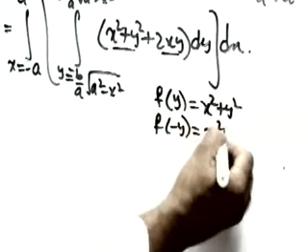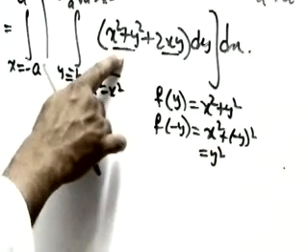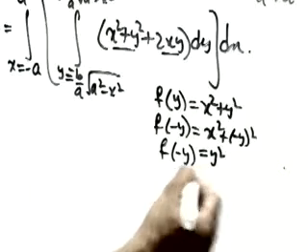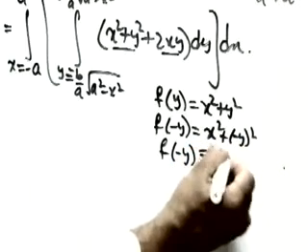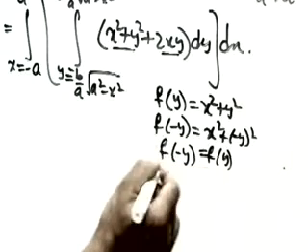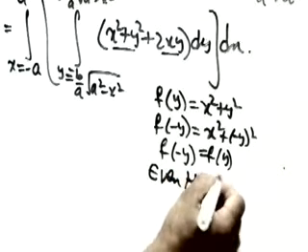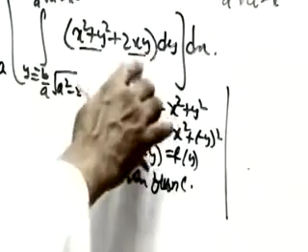So f of minus y equals to x square plus minus y whole square. This will be again y square. So we get the same x square plus y square, that is nothing but f of y. So if we get f of minus x equals to plus f of x, we say that this is an even function.